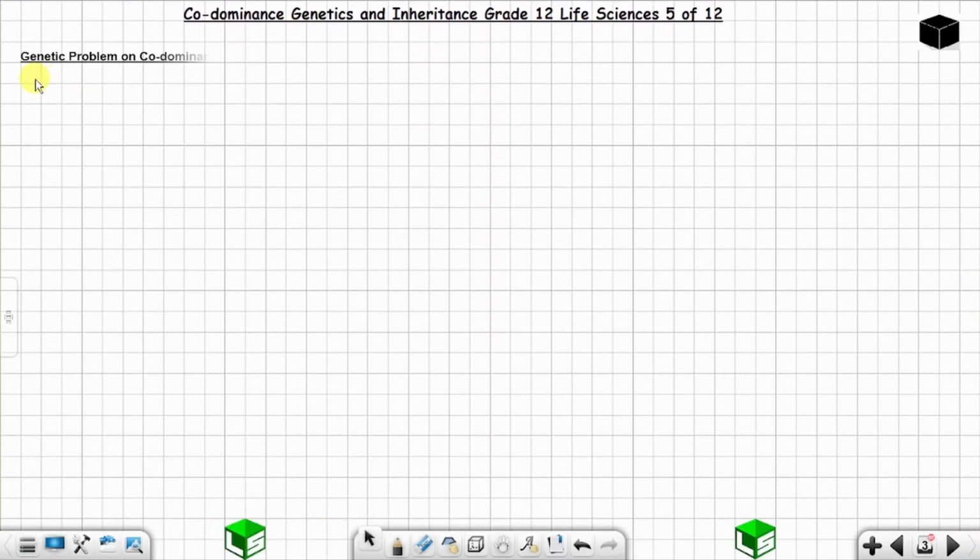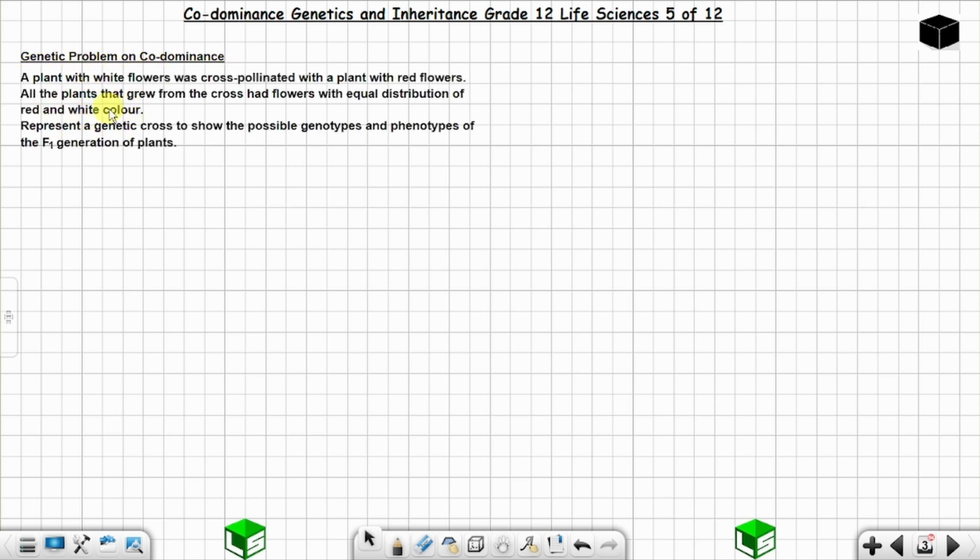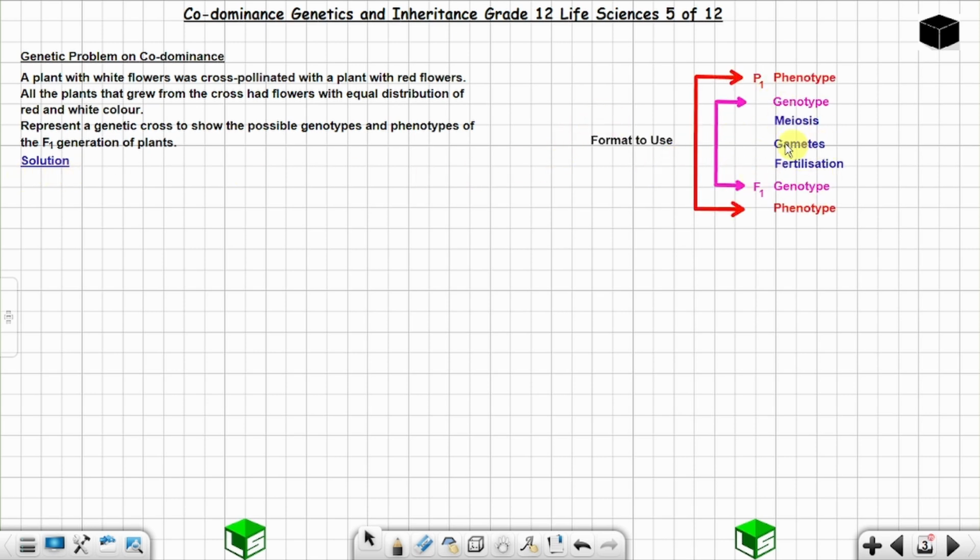Let's solve a genetic problem on codominance. This is the problem: represent a genetic cross to show the possible genotypes and phenotypes of the F1 generation of plants. Solution: you are going to use this format.